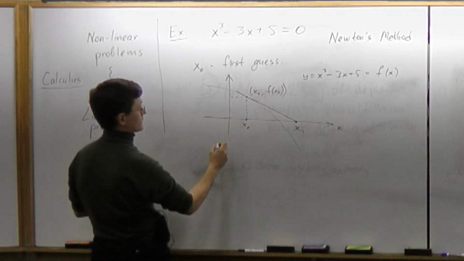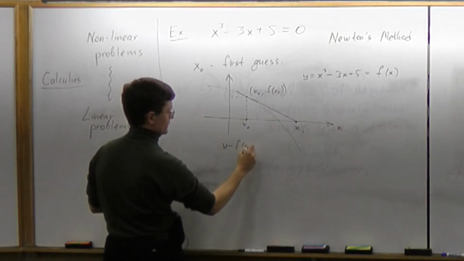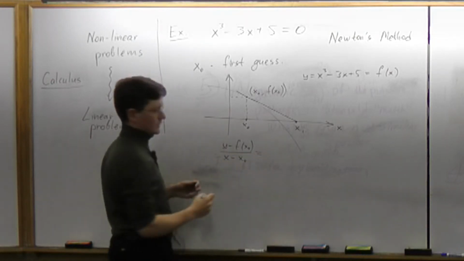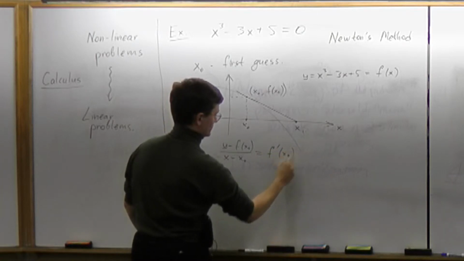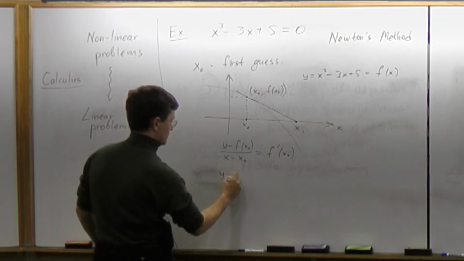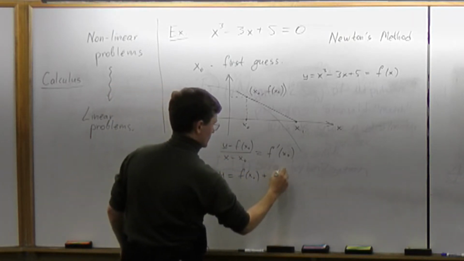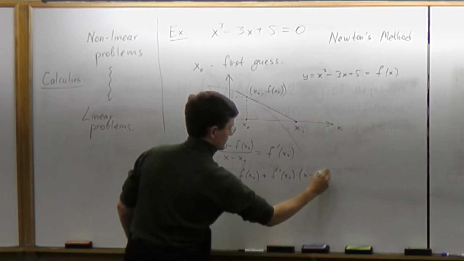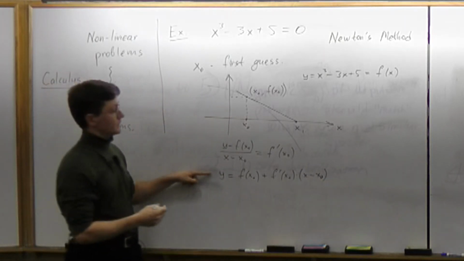And then you say that y minus f of x0 divided by x minus x0 has to be exactly the slope, which is f prime of x0. And then if you solve for y, you find y equals f of x0 plus f prime of x0 times x minus x0. Right, so that's the equation of the tangent line.